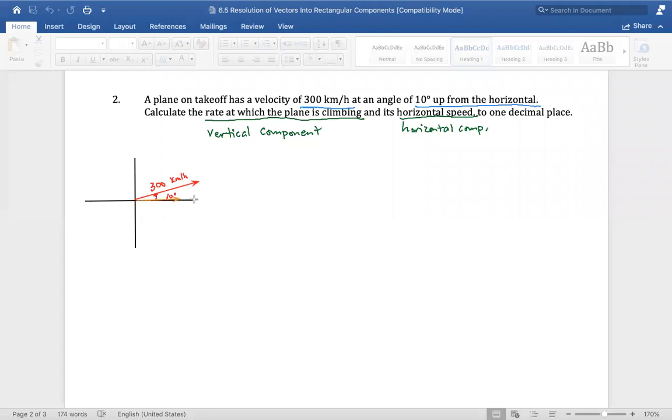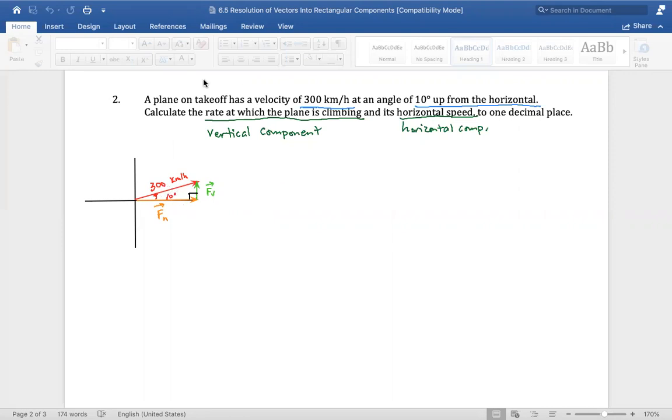So I have my horizontal vector, and I have my vertical component there. Horizontal and vertical, I know that that's a 90 that I could draw in there. And do I have my theta angle there? I do. I know it's 10 degrees, so I don't have to calculate anything else.